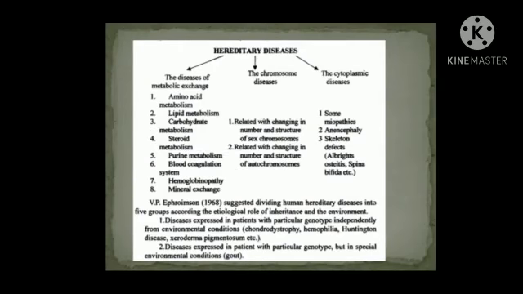On this slide you can see one more classification of hereditary disease. Previously we spoke with you about different types of classification of hereditary disease. It was genetic, chromosomal, genomic.